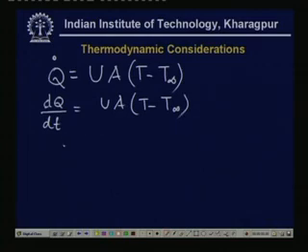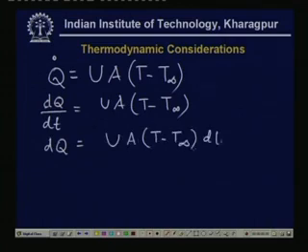So, dQ is equal to U A times (T minus T infinity) dt.